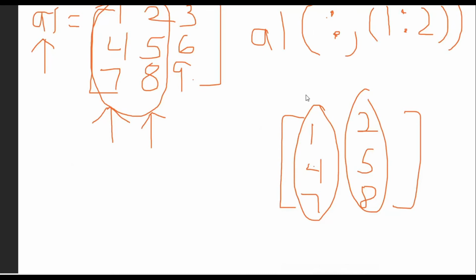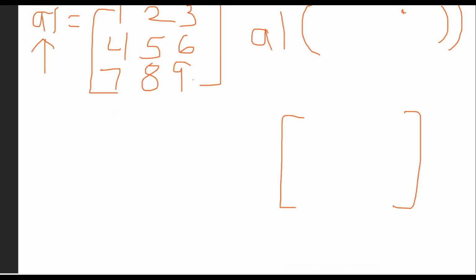So here's a question which I'll let you take a little moment on. How would I get the first and third column, all rows? Essentially what I want is this and this, so that my resulting matrix is going to be 1, 3, 4, 6, 7, and 9.